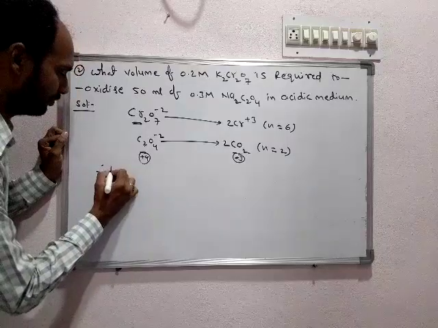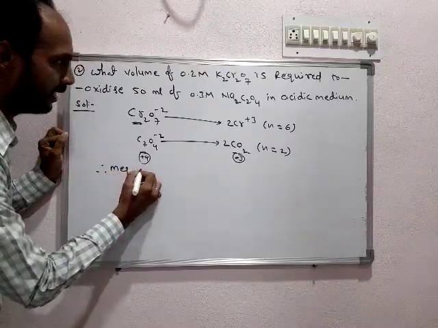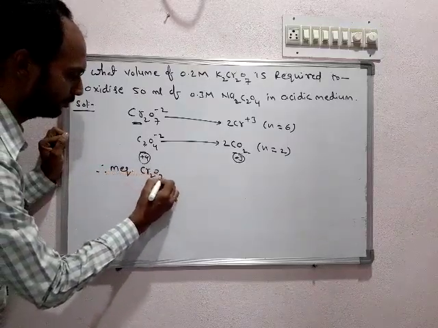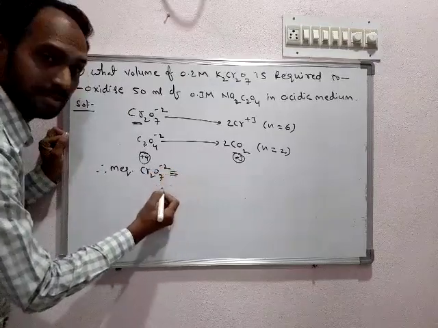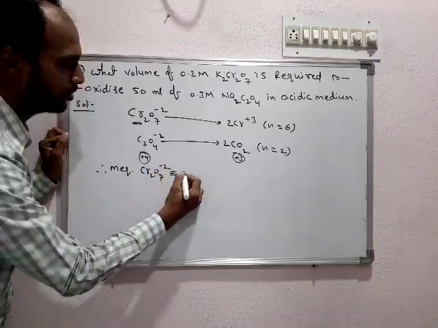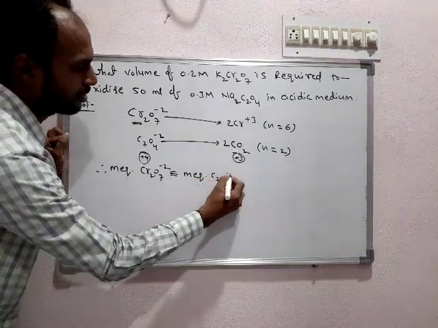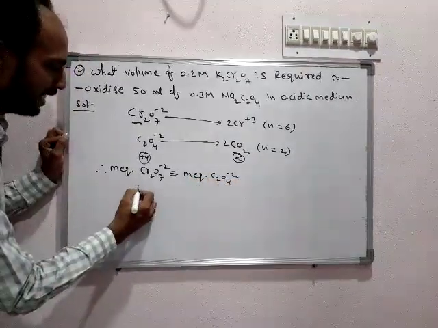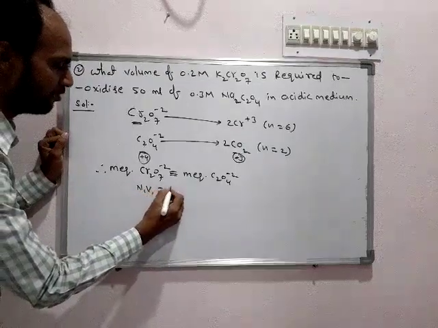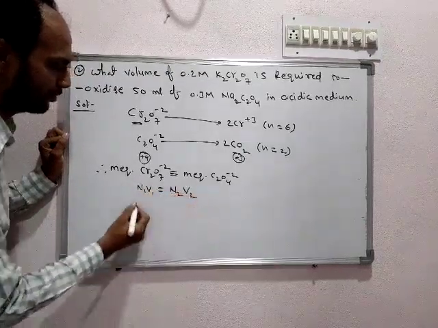So therefore the milli equivalents of dichromate are totally equal to the milli equivalents of oxalate. Milli equivalents means N1V1 equals N2V2.